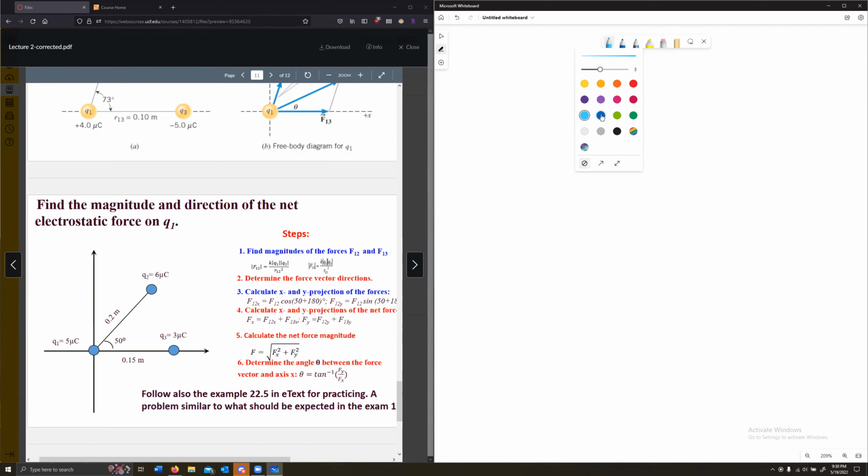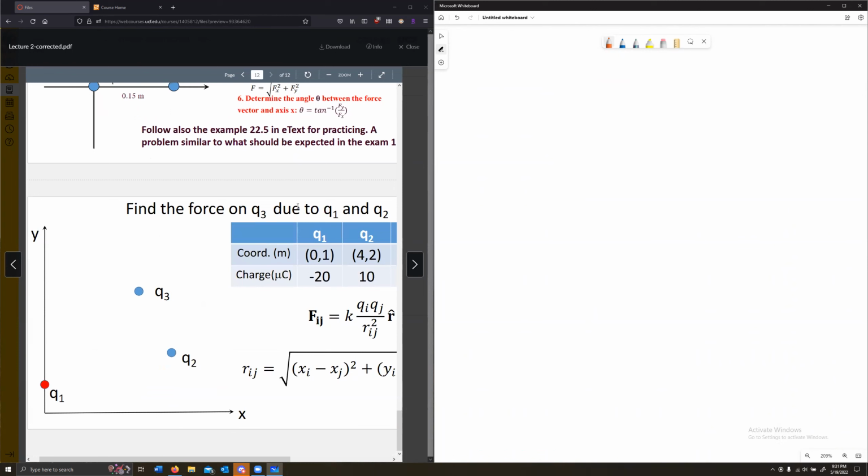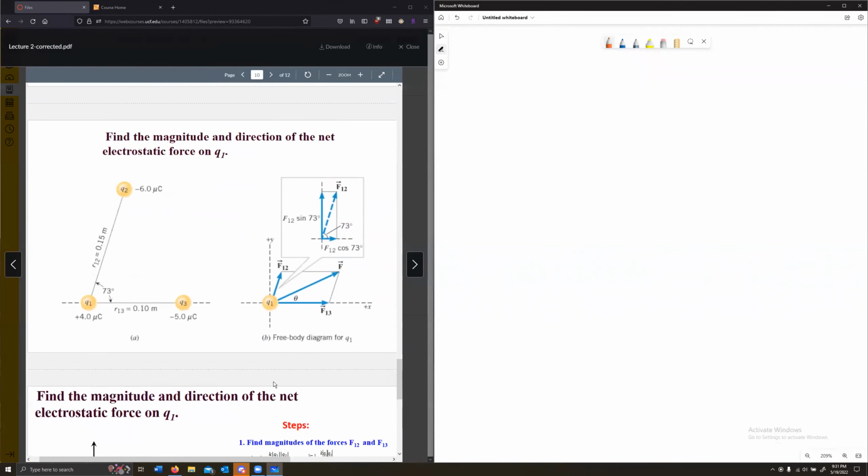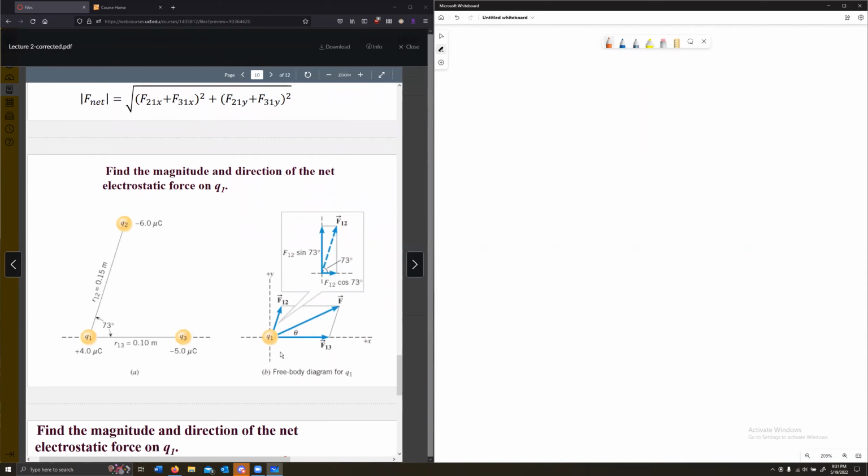Okay, let's see. Finding force vectors. This is different than the one that I have solved here. There's one at the very last slide that I think we might have done in class. Q3. I have the notes for this one.